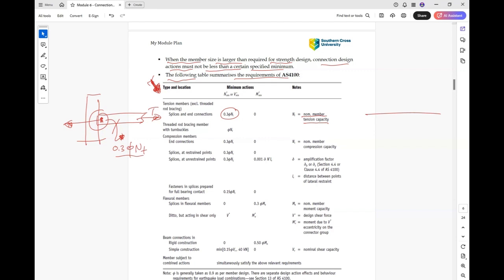Okay, for compression members, for example, also 0.3 or 30% of the member capacity. For flexure members, like beams and so on, you need to design for 0.3 phi Ms, where Ms is the member moment capacity. So these are a summary of the minimum required design forces for each type of connection.